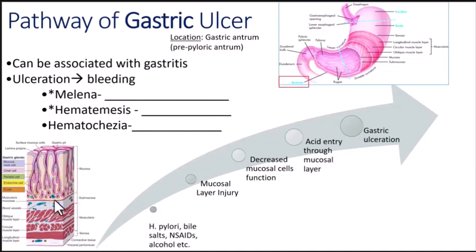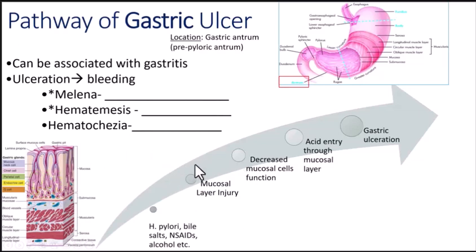Remember, the mucosal layer consists of a whole bunch of different gastric glands, the mucous neck cells being the one that produce mucus. And you can see how close these mucous neck cells are to the interior of the stomach.